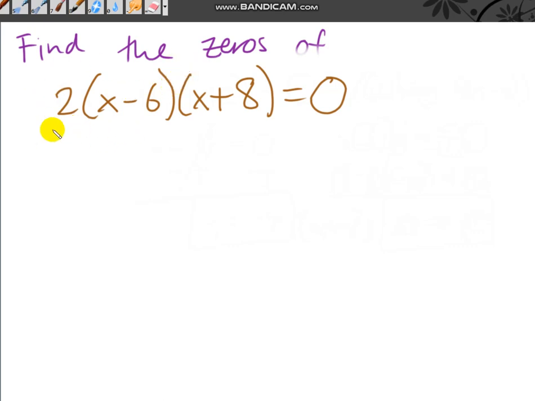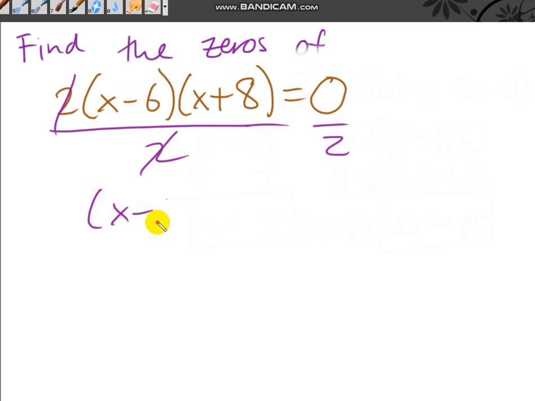What I see here is if I divide this whole expression by 2, the 2 is going to be gone, and 0 divided by 2 is 0. So we have (x - 6)(x + 8) = 0.